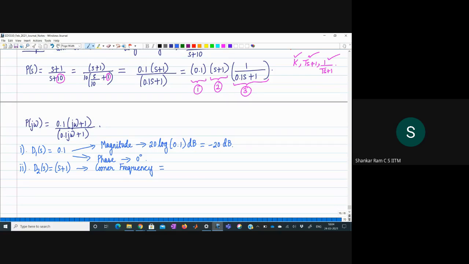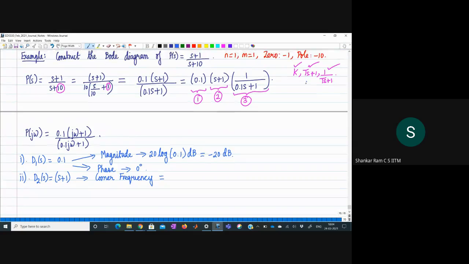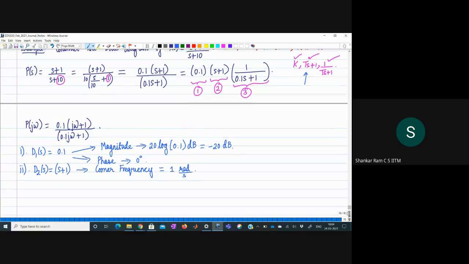If you compare it to Ts plus 1, what is capital T? It is 1, so 1 by T is the corner frequency. In this case, the corner frequency is going to be 1 radian per second.